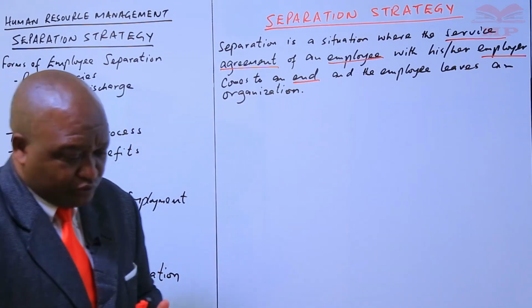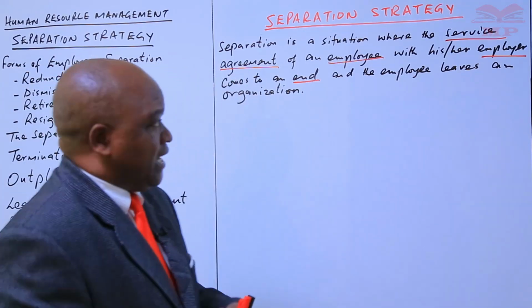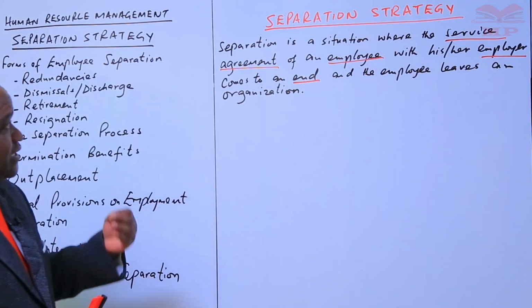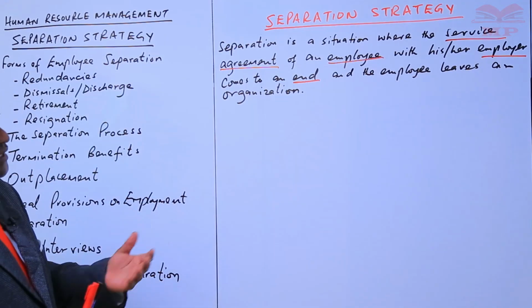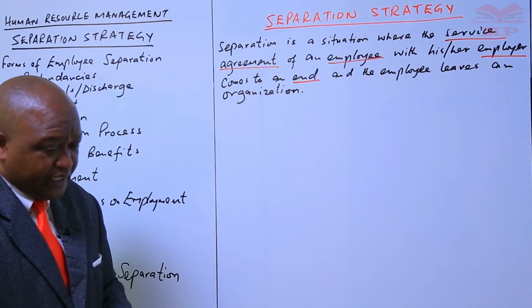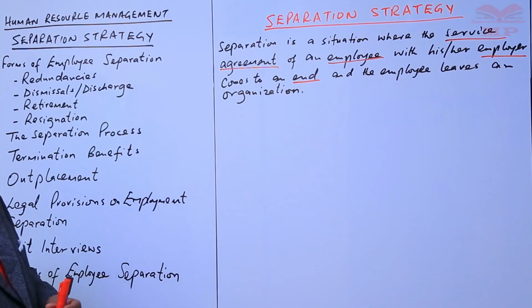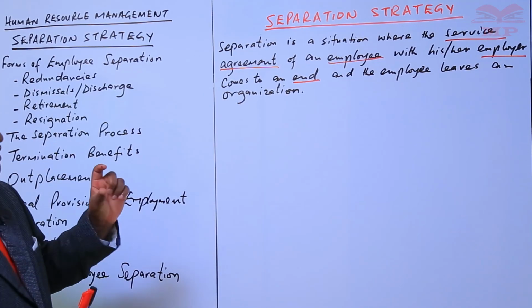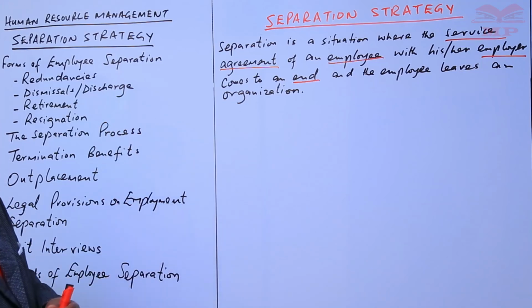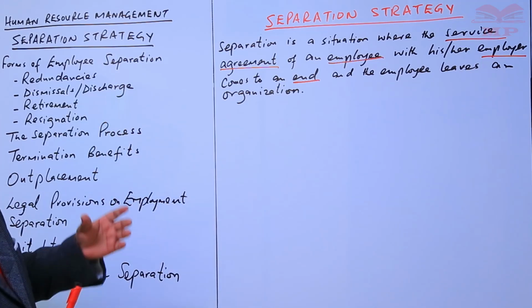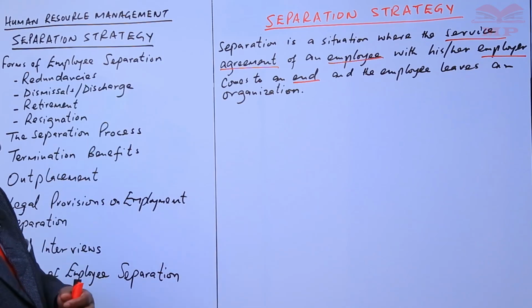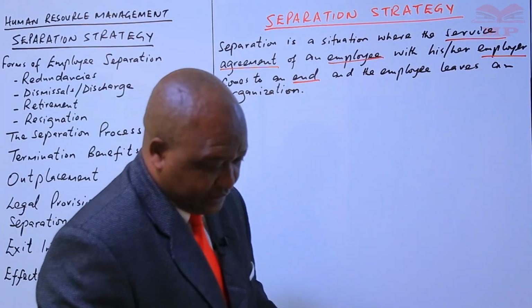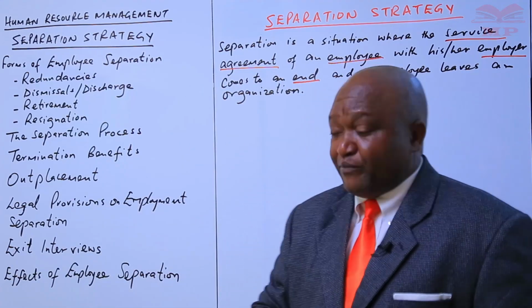So this is a process which you are going to be involved in, and that's why it is important we look at the knowledge and the skills required to be able to effectively manage separation in an organization. So in a nutshell, we are saying separation is a situation where the service agreement of an employee with his or her employer comes to an end and the employee leaves an organization. So that is what is meant by separation.